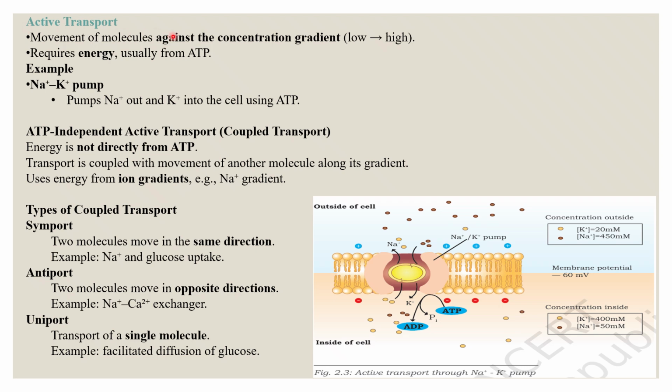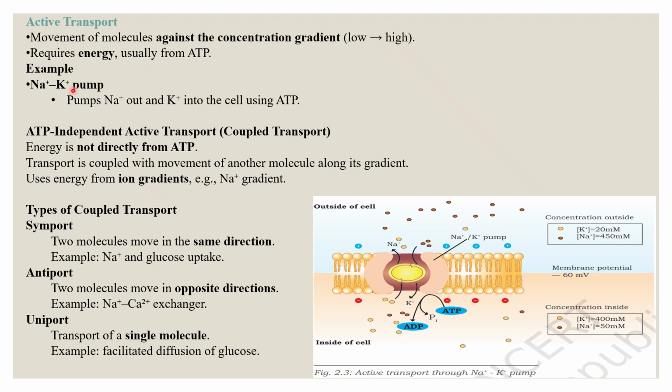Active transport. In this type of transport, the movement of the molecules is against the concentration gradient, that is from low concentration to higher concentration. So here the energy is needed.